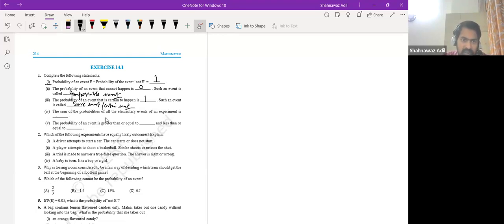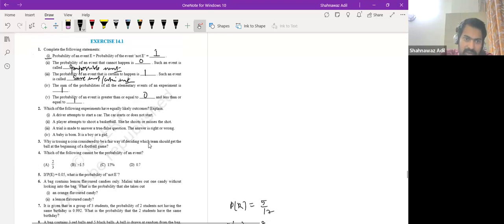The sum of probabilities of all the elementary events of an experiment is 1, right? And Amira, the probability of an event is greater than or equal to 0, and Abhi, less than or equal to 1. Good, so this part is complete.